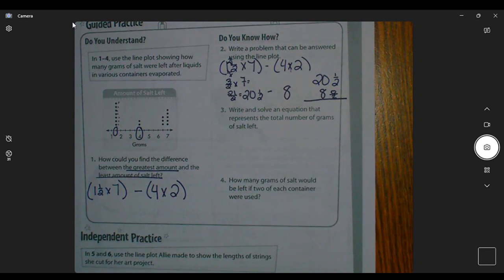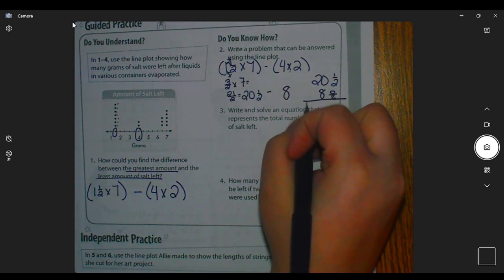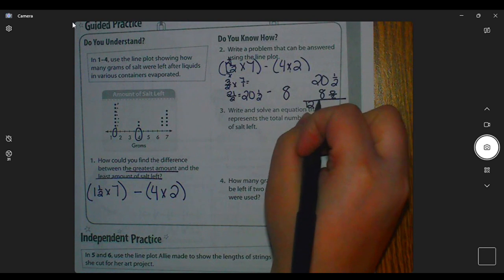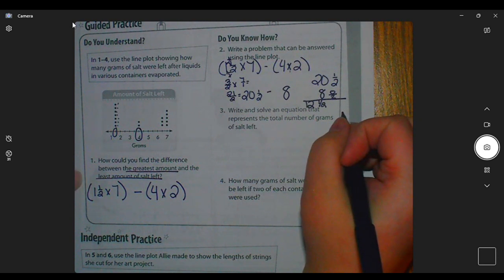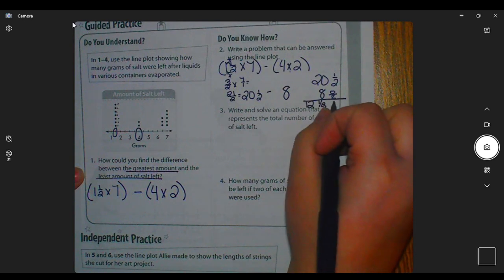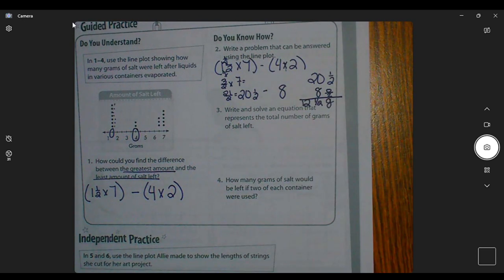And 1/2 minus 0/2 is still 1/2. So the difference between the greatest amount and least amount of salt left is 12.5 grams. And you can abbreviate, you can shorten grams to just little g. 12.5 grams.